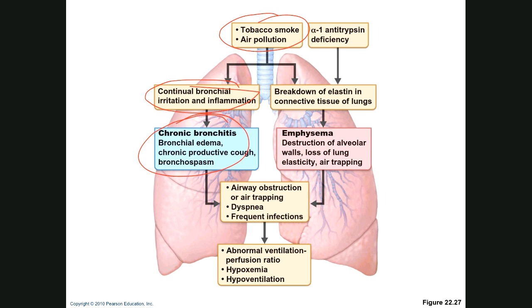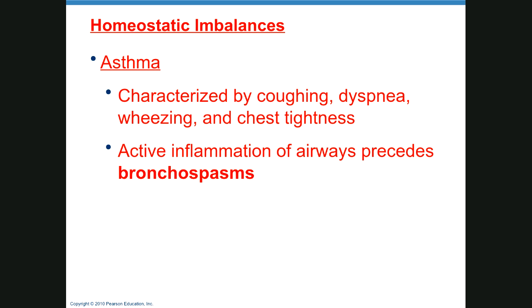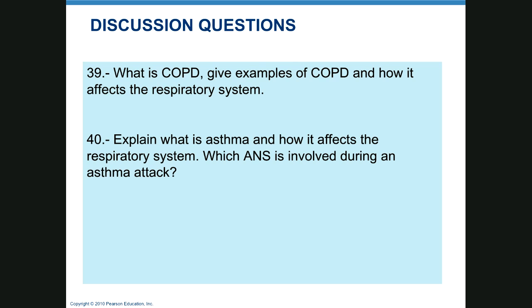Other toxins can break down the gas exchange tissue in the lungs, and that creates emphysema. These will all end up with obstruction of the conductive zone, dyspnea, which means difficulty breathing. And now we're going to have abnormal ventilation-perfusion ratio, which will lead to hypoxia, low oxygen, and hypoventilation. Okay, we know what asthma is.